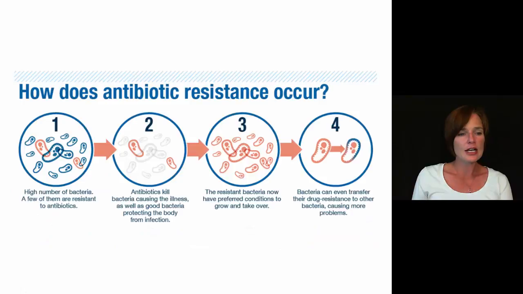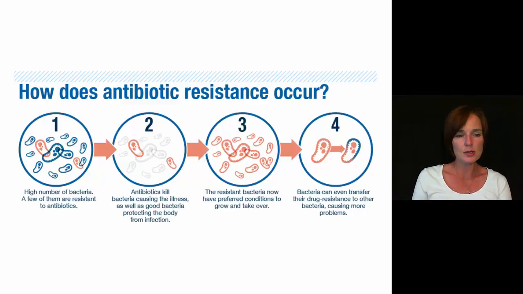Here's another look at it. Antibiotic resistance occurs because we are specifically selecting the ones that are already resistant. We're not creating new resistant bacterial cells, but we're killing off the ones that aren't resistant so that the only ones surviving are resistant. So we've got the same general picture here.